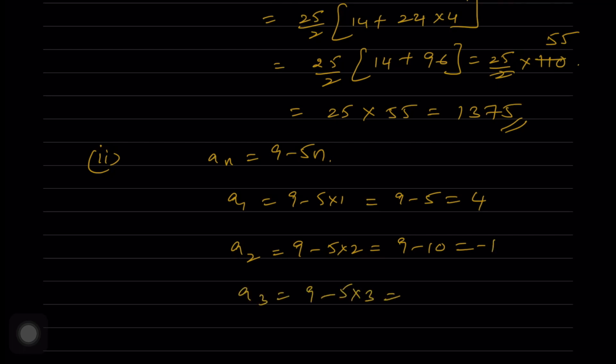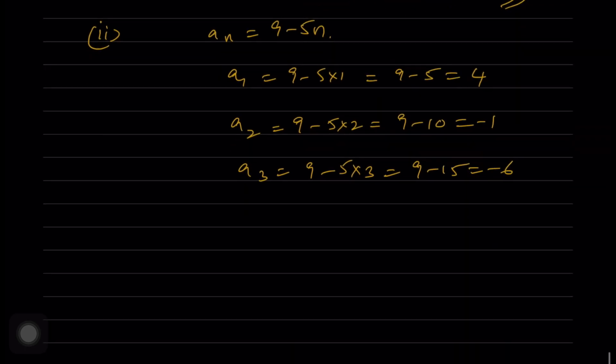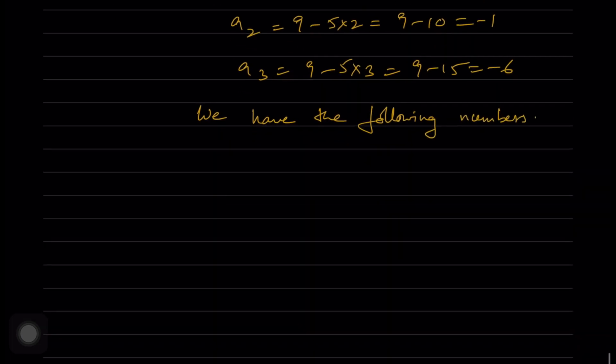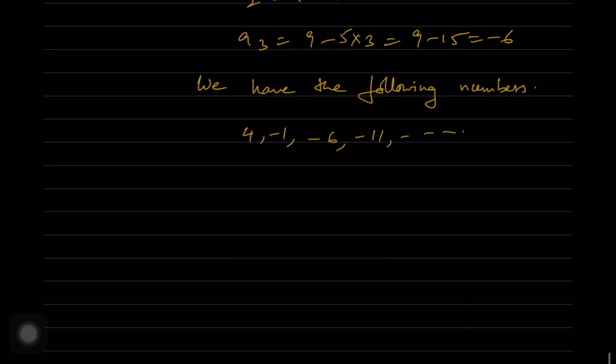A3 is equal to 9 minus 5 into 3, which is equal to 9 minus 15, equal to minus 6. So now we have the following numbers: 4, minus 1, minus 6, next you will get minus 11, and so on.